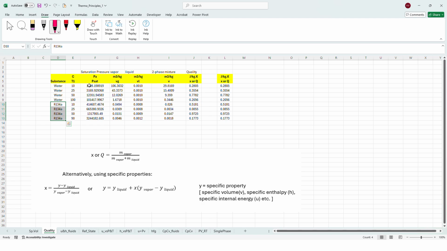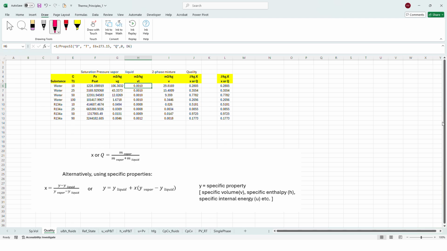Okay, so what we have done here is we use the temperature, calculate the saturation pressure, and then calculated the inverse of density for vapor and inverse of density for liquid, which is basically the specific volumes of gas and liquid, and then calculated a mixture value which will be in between these two.